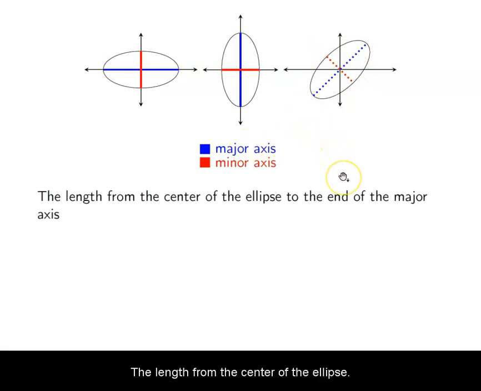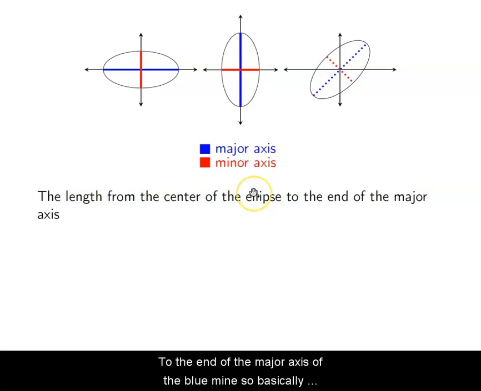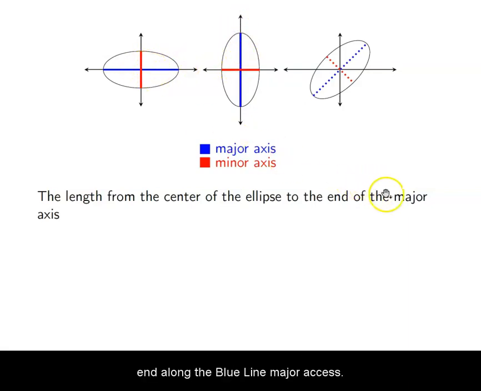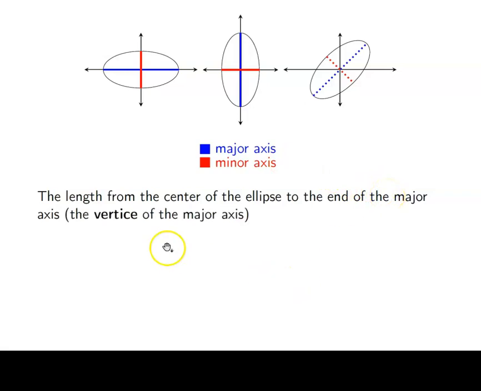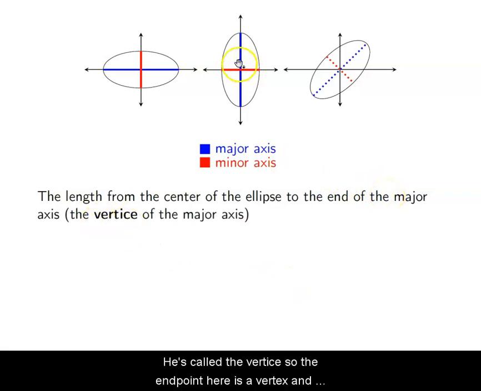Okay. So the length from the center of the ellipse to the end of the major axis, so basically half of this blue line here, right, from the center to the end along the blue line, the major axis, is called the vertex. So the end point here is a vertex, and the end point here is a vertex.